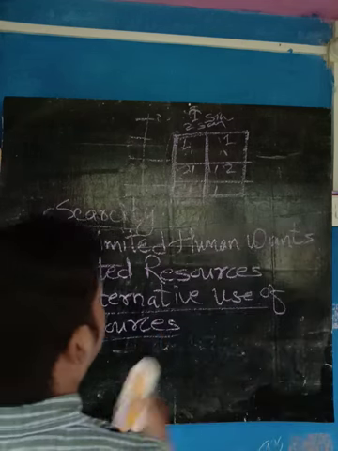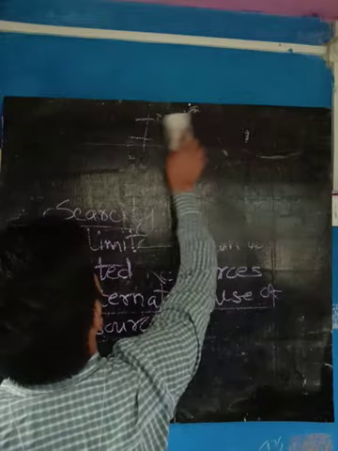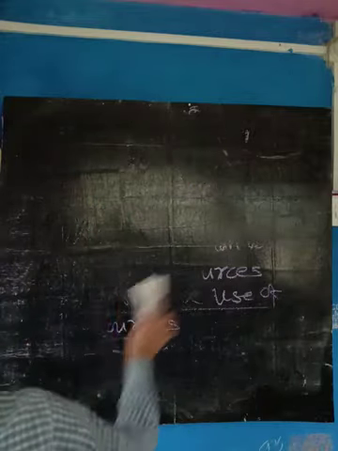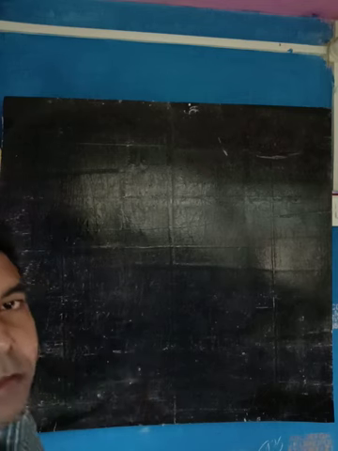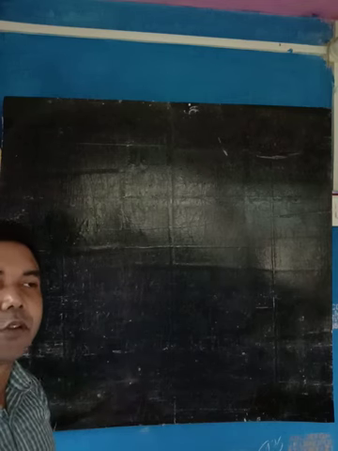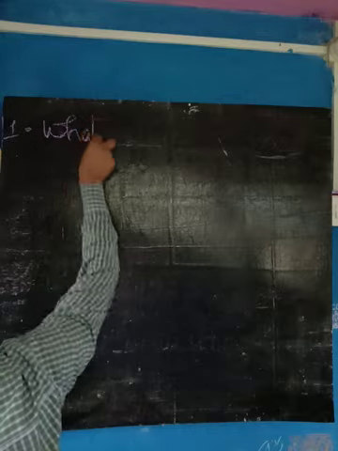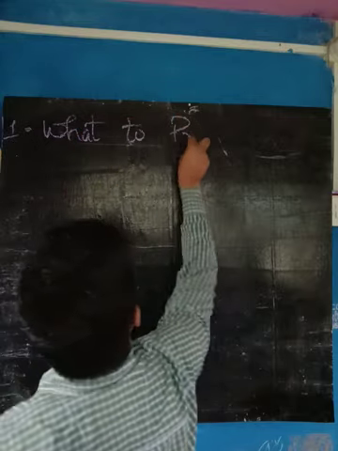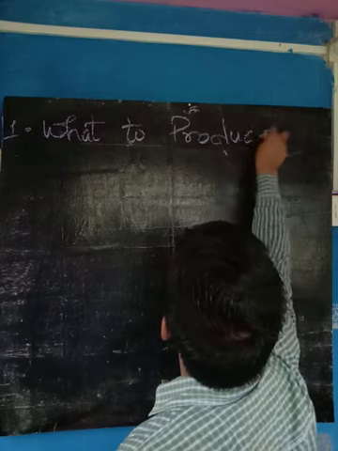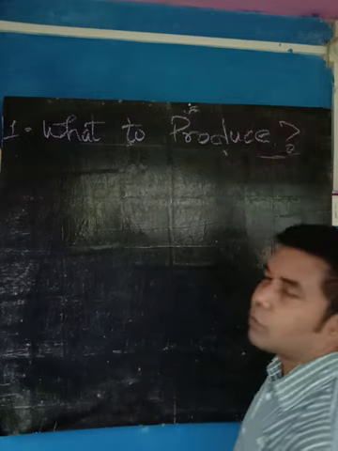Okay, now come to our next topic. The next and most important topic: basic problems of an economy. There are three basic problems of economy. As I have told, the first one we will study is what to produce.